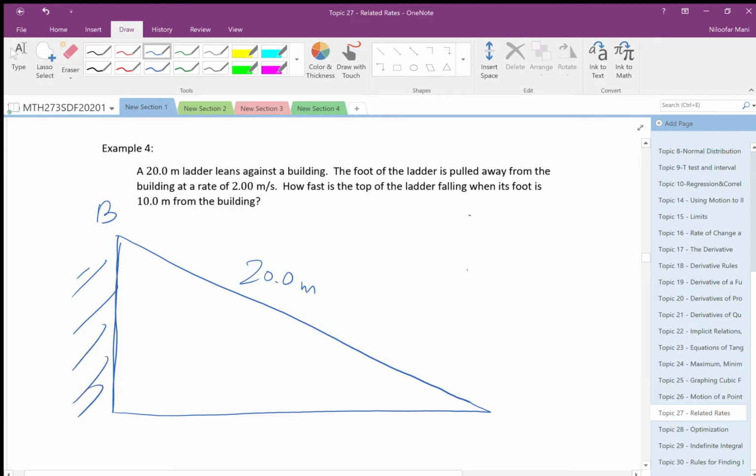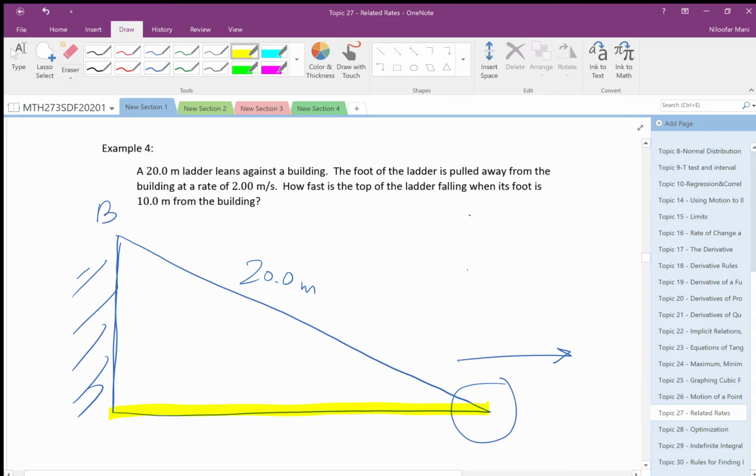It says the foot of the ladder is pulled away from the building, meaning I hold this part and pull it to the right side. So this part is increasing.